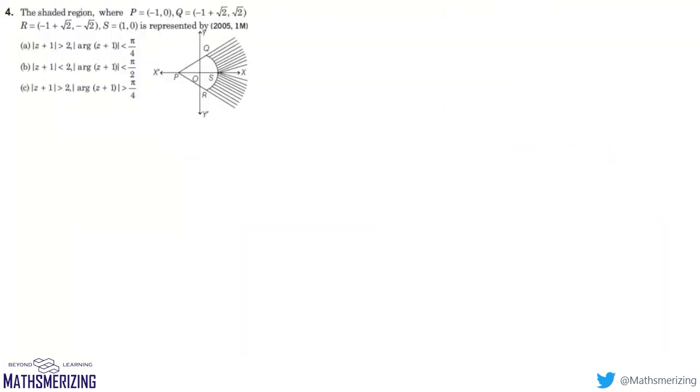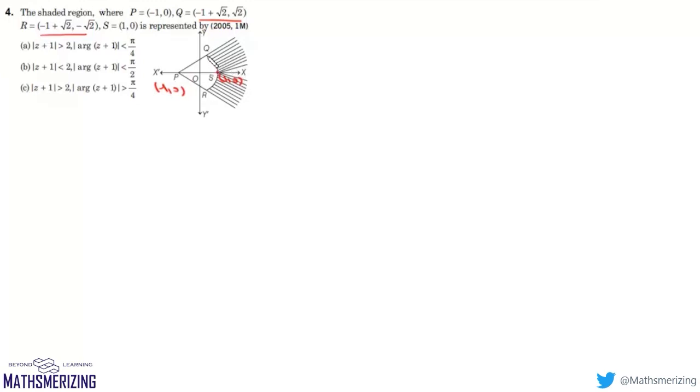Now here the question is, this shaded region where P is minus 1 comma 0, Q is minus 1 plus root 2 comma root 2, and R is minus 1 plus root 2 comma minus root 2, and S is this point 1 comma 0. It is represented by which of the following conditions?